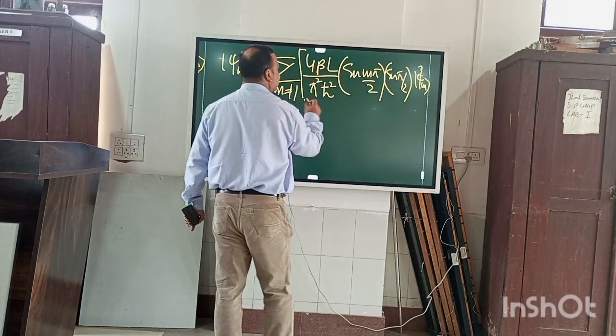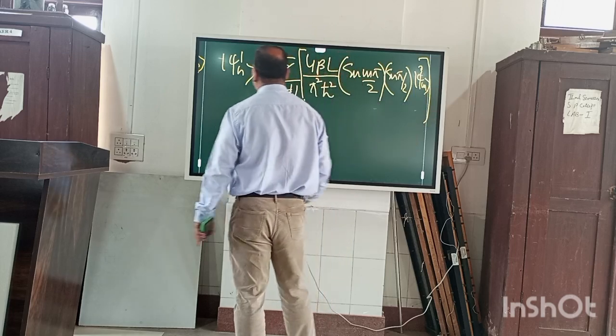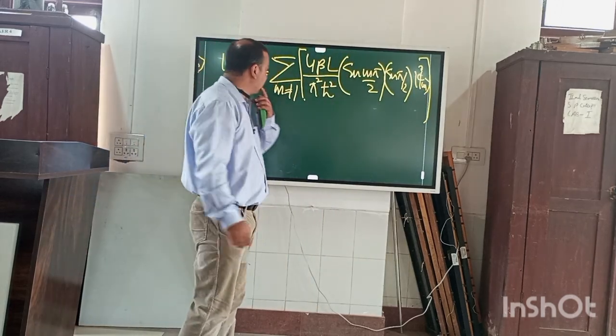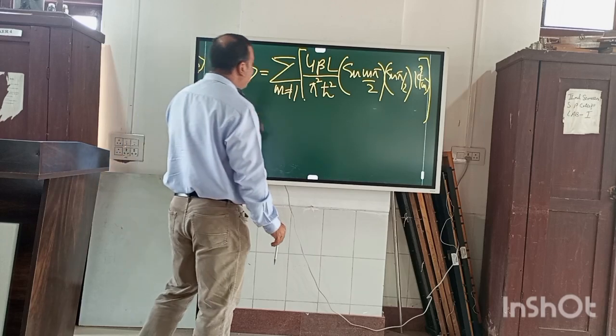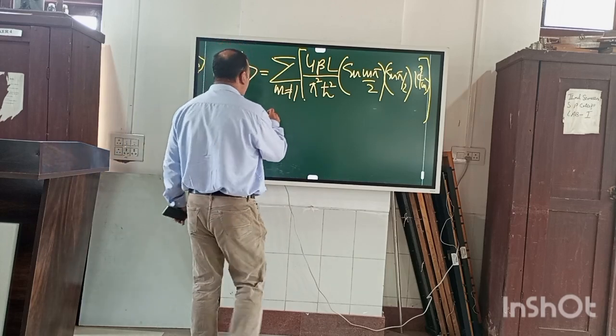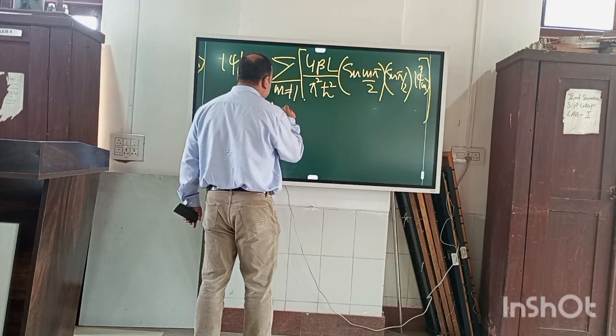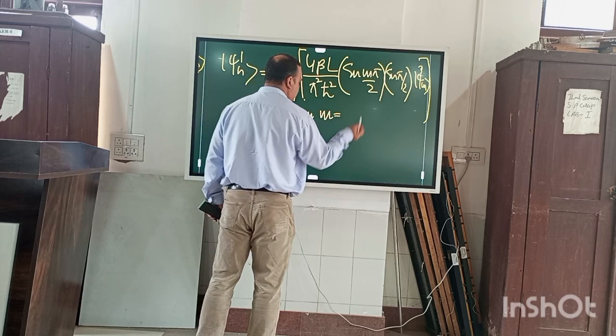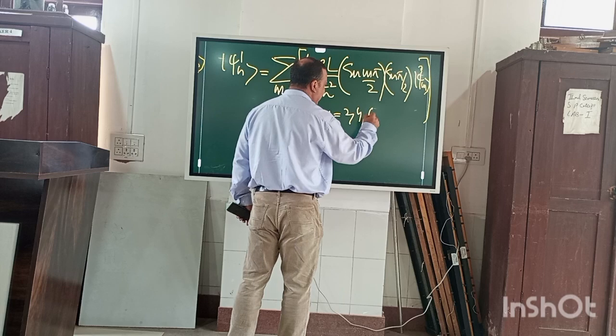So this equation is going to give us the first order correction in the energy eigenfunction. We can see that we will have no value for even m, like 2, 4, and 6.